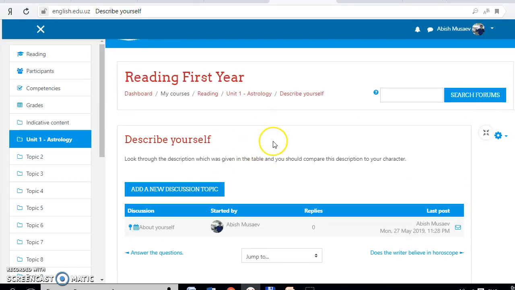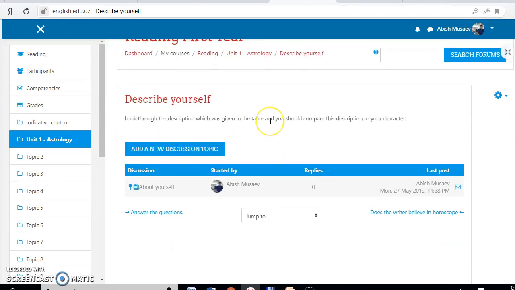So it's a face-to-face activity, and after looking through 12 descriptions, characteristics of people, they should describe themselves and submit their answers here.